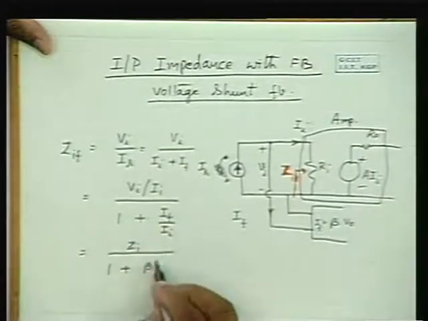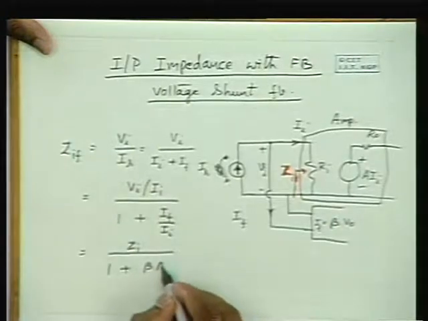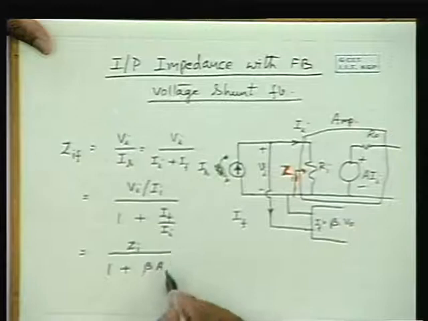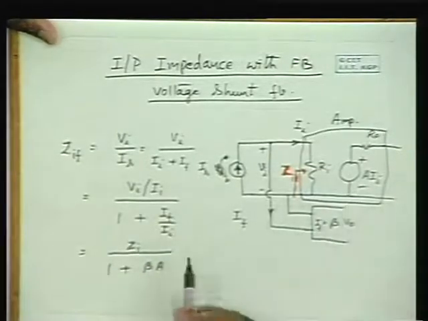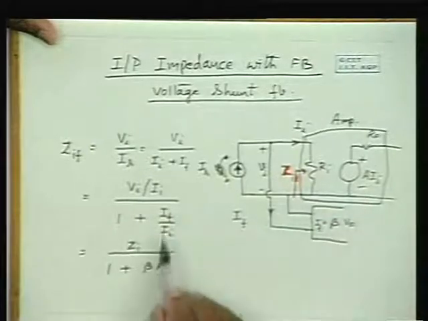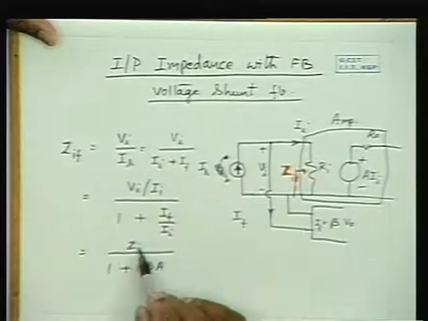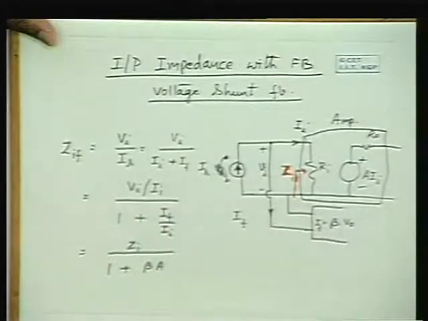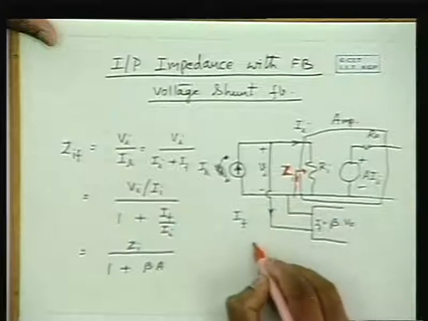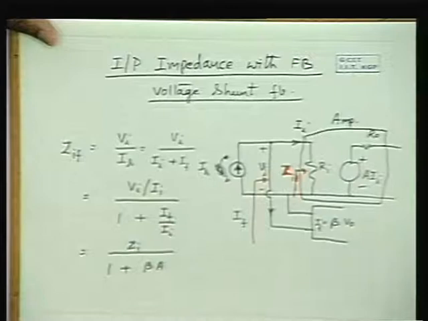Therefore, this is equal to Zi by 1 plus beta A. Ii gets cancelled, giving Zi by 1 plus beta A. So it indicates that shunt feedback reduces the input impedance of an amplifier by 1 plus beta A times.